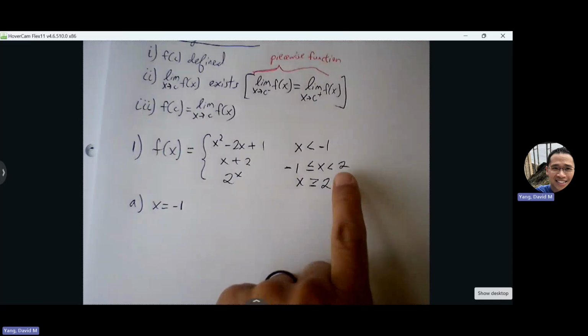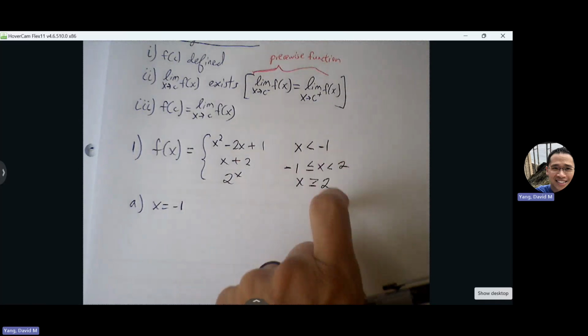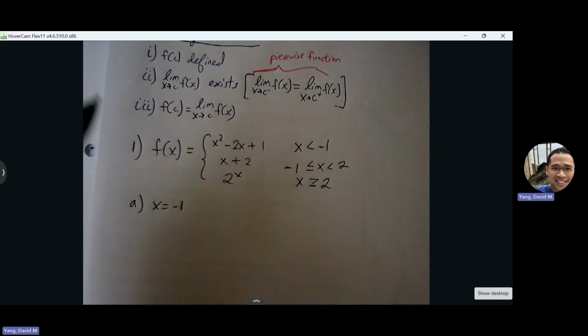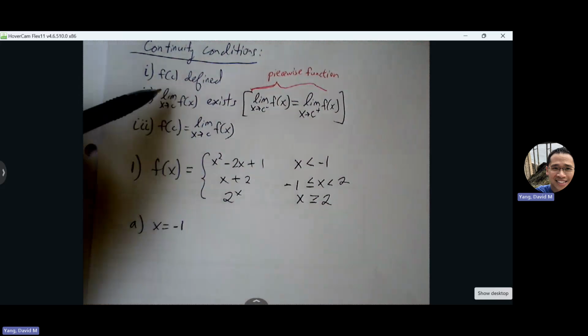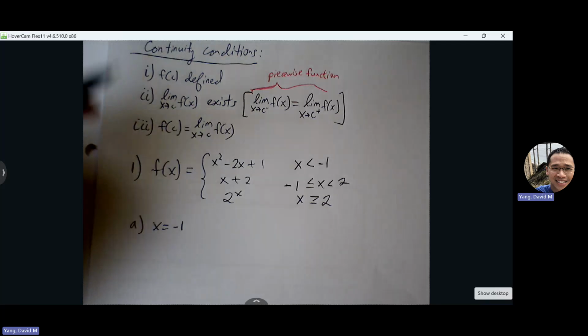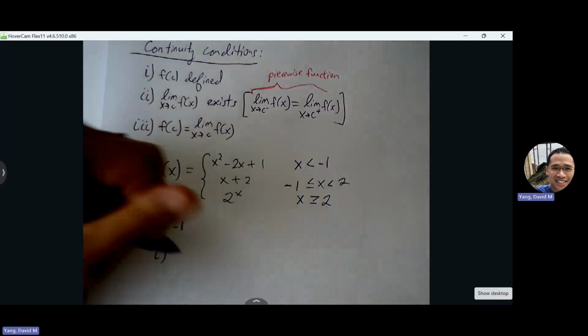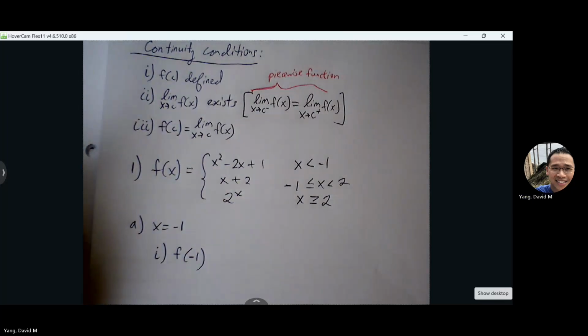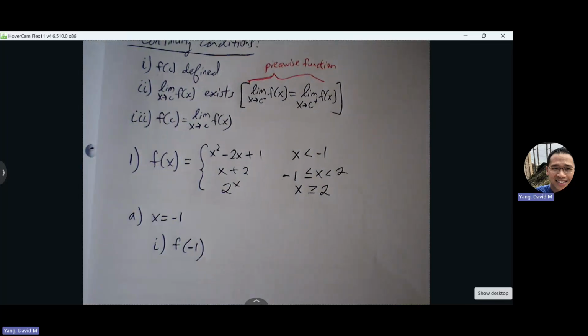So we want to know, is the graph connected? Are these two branches going to actually connect at the same point, and is that point defined? So we're going to go through each of our conditions. So first, we know that our c value is -1. So our first condition, f of -1. Does f of -1 exist?